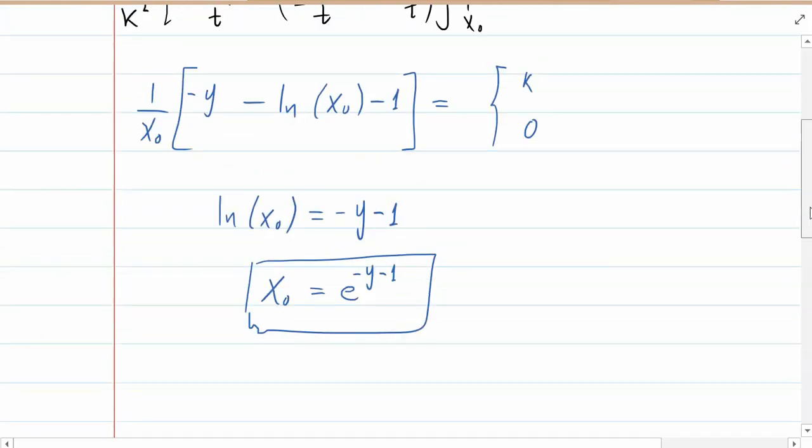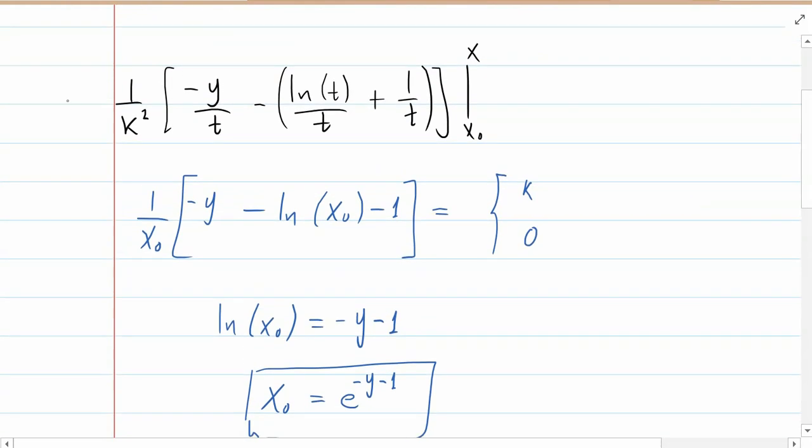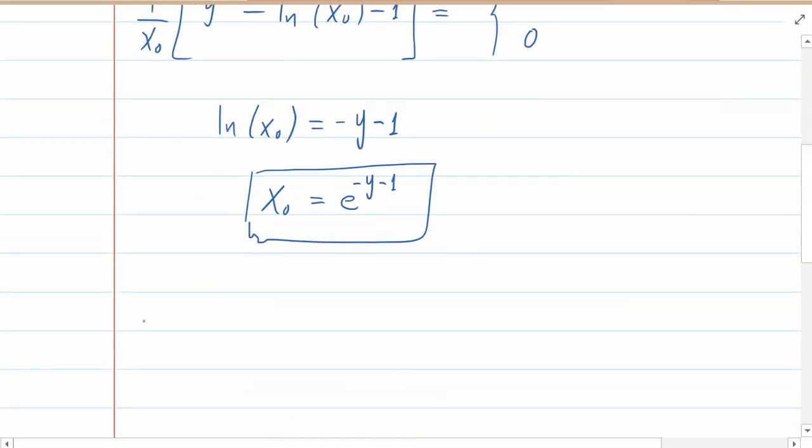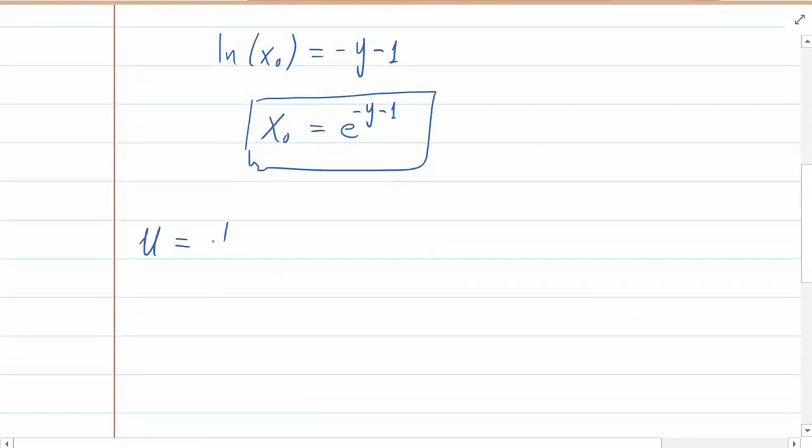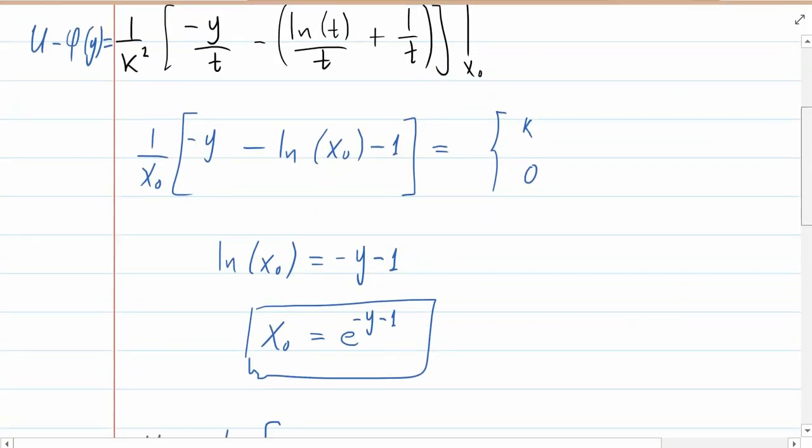So let's say that we do indeed choose that. So this was my integral 1. No, this was u minus phi of y. So that means that u is equal to 1 over k squared x that multiplies negative y.